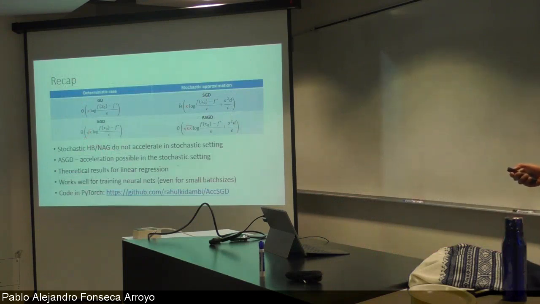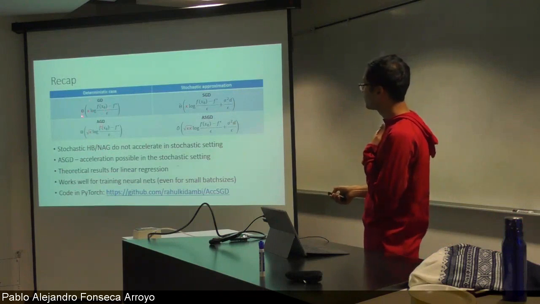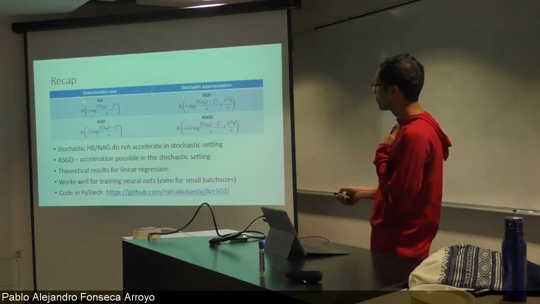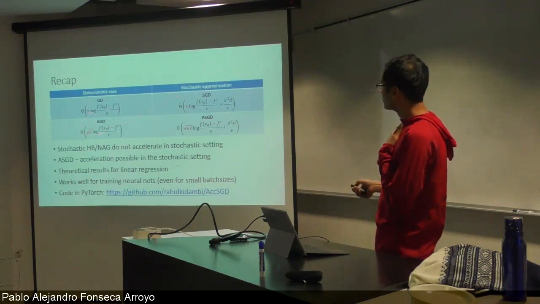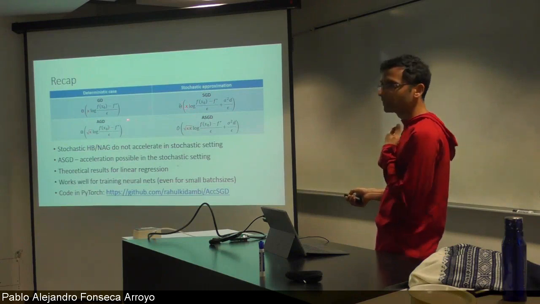So let me just wrap up in this last slide. In the deterministic setting, we saw that gradient descent has a linear dependence on the condition number, and accelerated gradient descent improves upon this dependence to get a square root. In the stochastic approximation setting, SGD again has this linear dependence on the condition number, and the first question which is not clear is whether this can actually be improved to anything better.